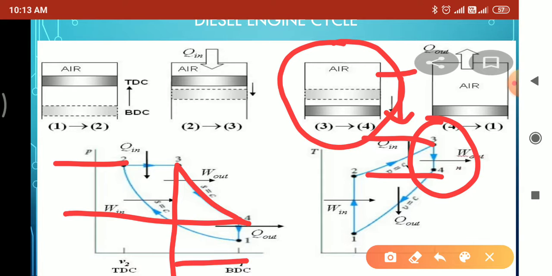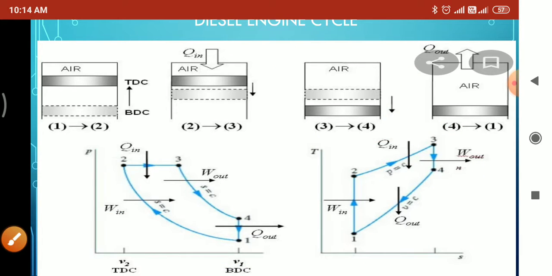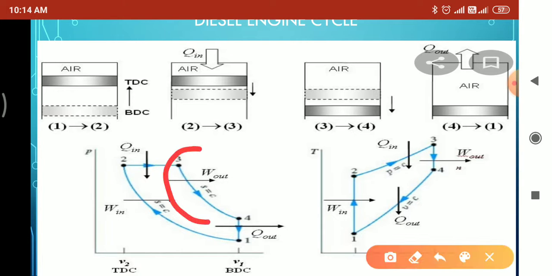These are the changes of properties of the system. So in this process volume increases, temperature decreases, pressure decreases, and heat remains constant. There is no addition or rejection of heat to or from the system. In this process, work is out. Work out means work done by the air, which is positive, work done by the system or by the air. This is process number 3.